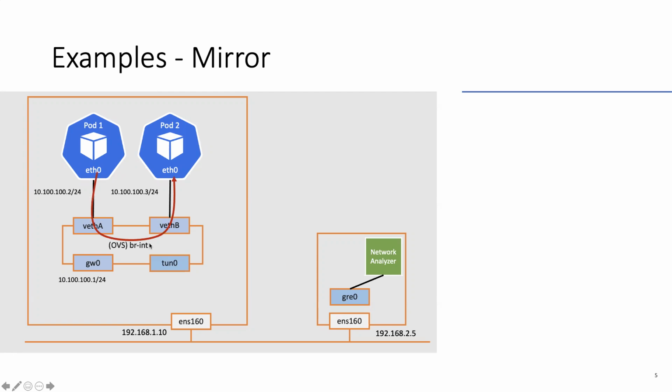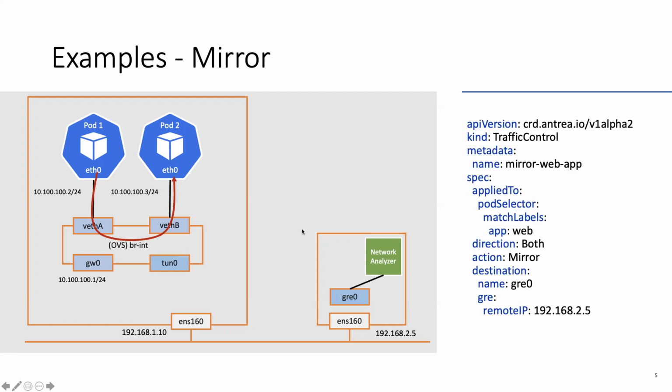Originally, they communicate with each other directly. If we want to monitor the traffic between them, we could create a traffic control object, and we use a port selector to select these ports, with direction specified as both. And the action is mirror, meaning that we want to mirror the traffic.